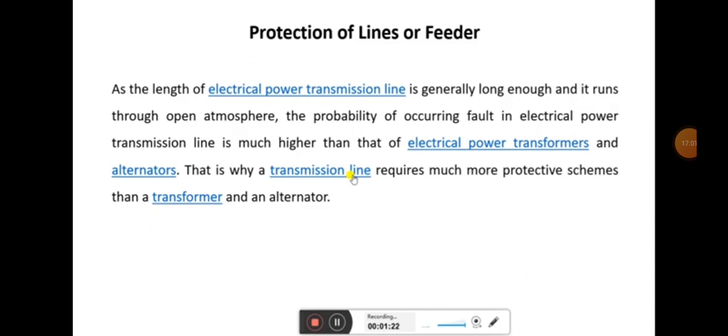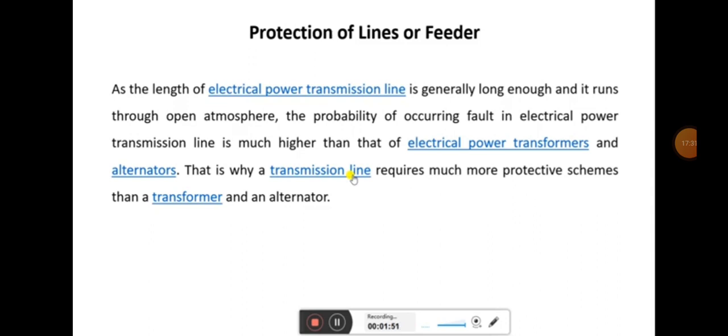But if we consider the transmission or distribution lines, they are very long in length and they are running in the open atmosphere, so they are always open to the atmosphere. There is no covering provided on these lines, so anytime any fault may happen to these lines which are running for a long span length.